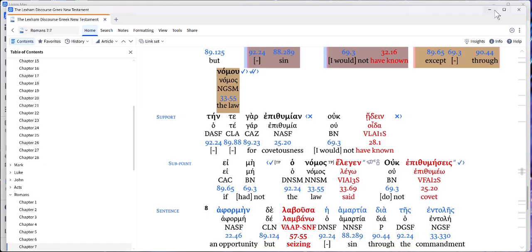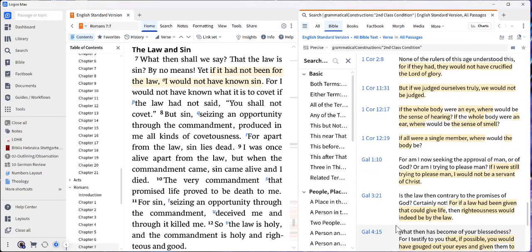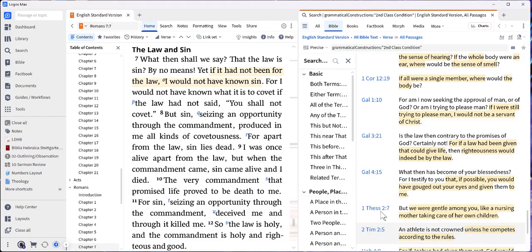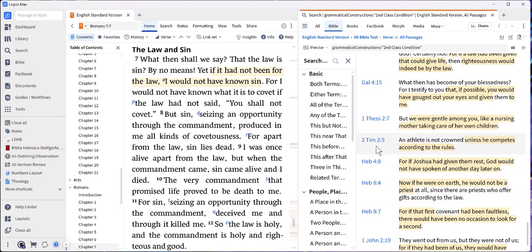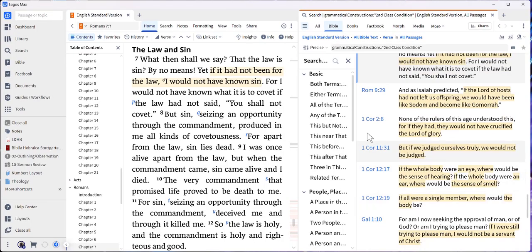Let's go to another one that's a little bit easier, something simpler. Let's go to 1 Corinthians 2:8.